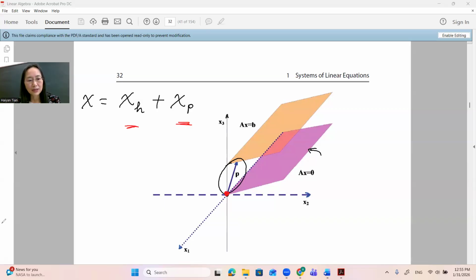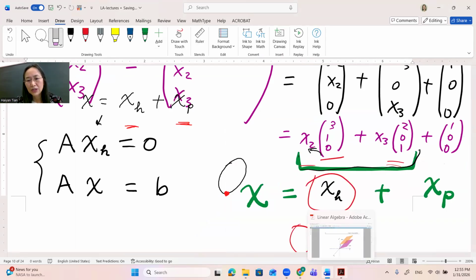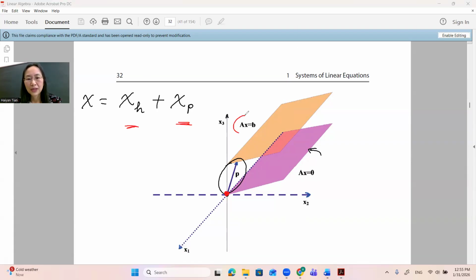We already saw that constant, which is 1, 0, 0, this one. So 1, 0, 0 is the particular solution. So it's just a vector. So I'm going to show that vector here. So that is this vector, which is a particular solution to the non-homogeneous. But there are other vectors. So this particular solution, we can find other particular solutions for the non-homogeneous, as long as you add a homogeneous solution.